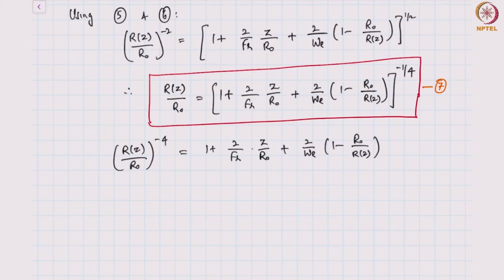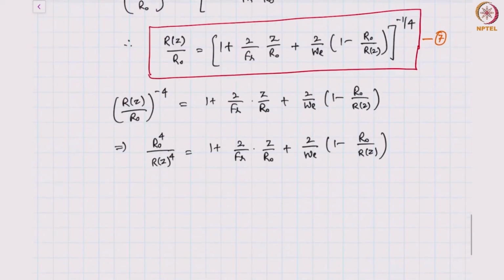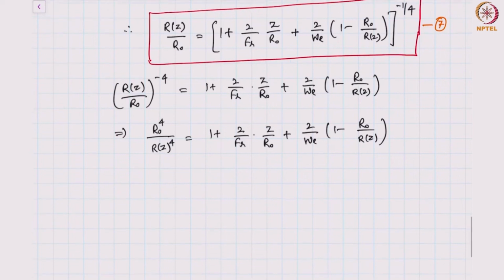R of z, and this implies R naught by R of z power 4 will be, now we can multiply throughout by R of z to the power of 4 to get a relationship in the following manner.